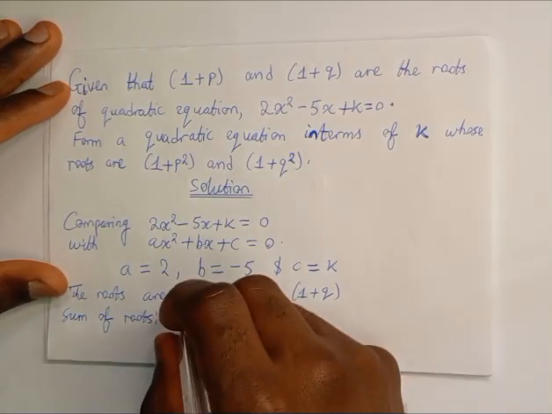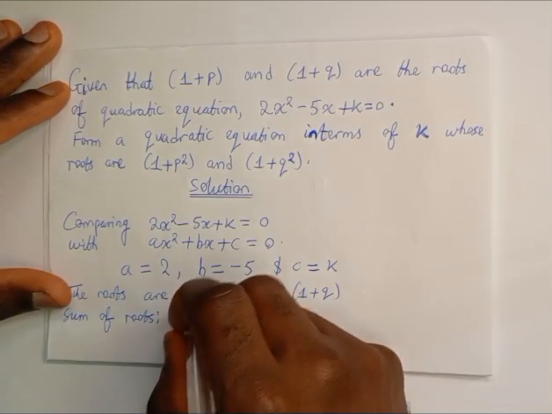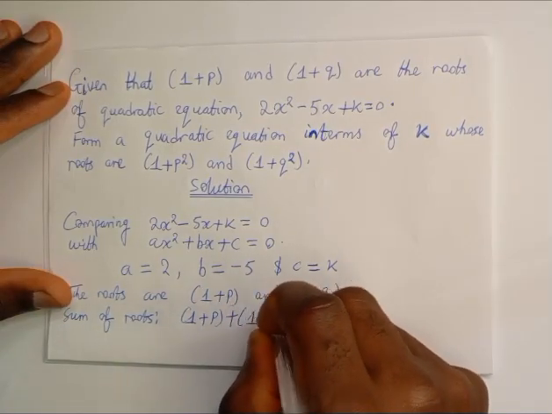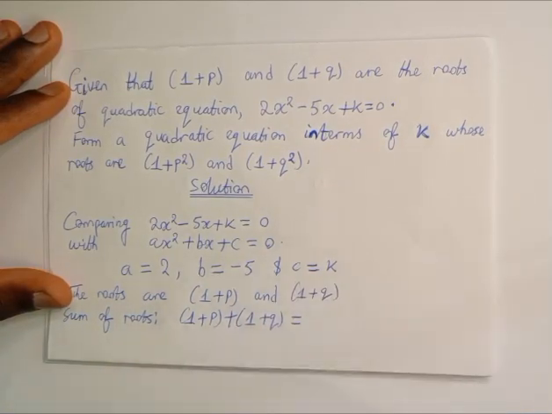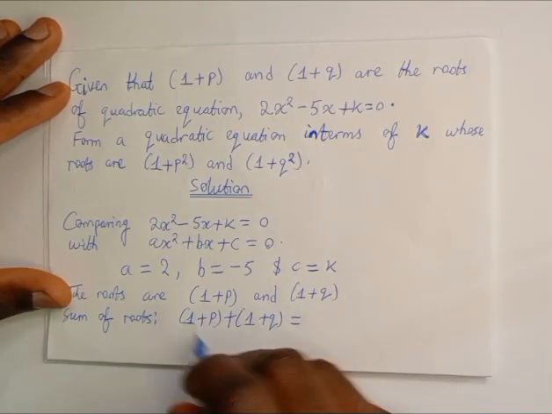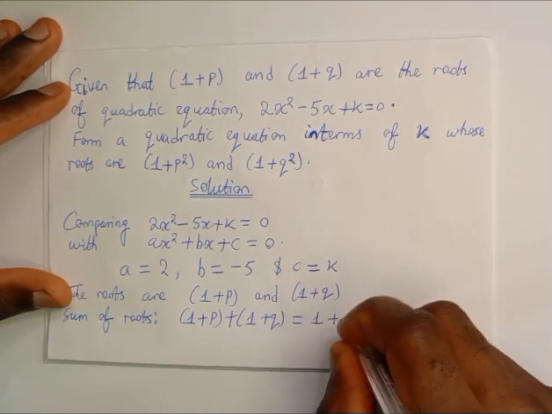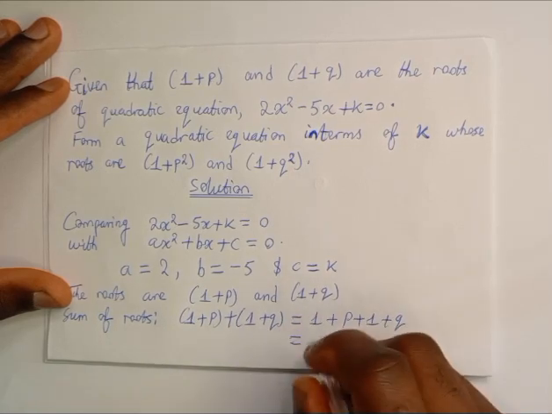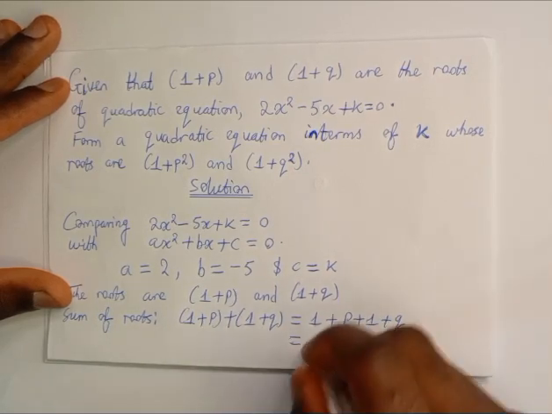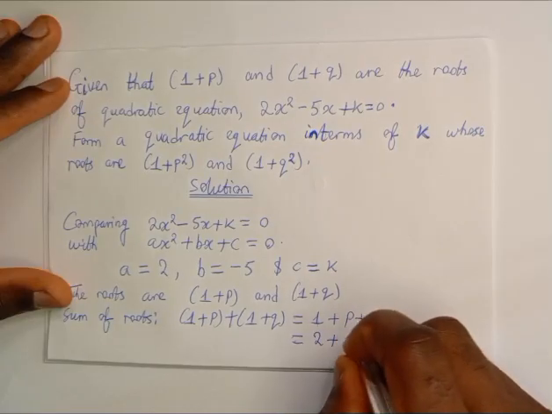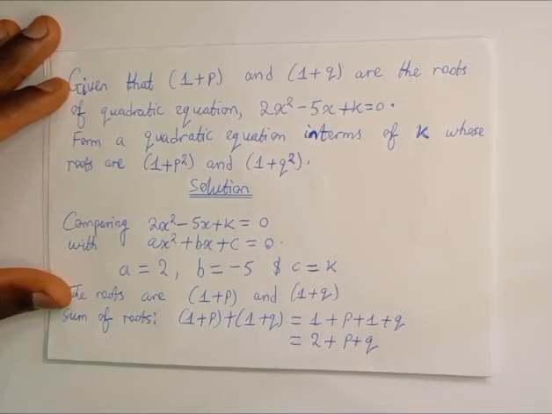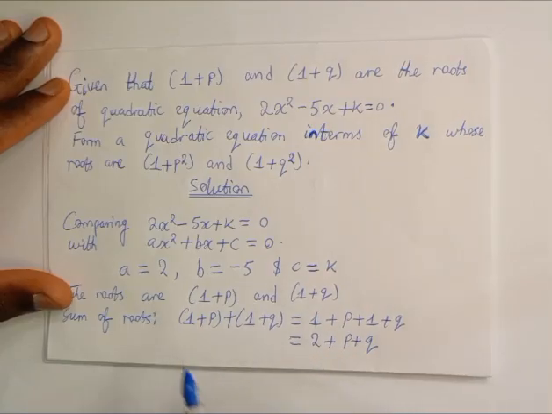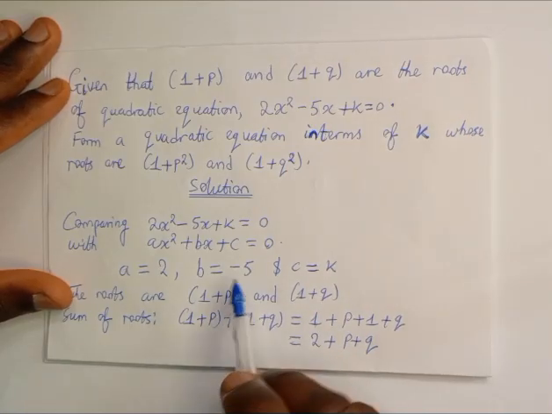The sum of roots is 1 plus p plus 1 plus q, which is equal to 1 plus 1 gives us 2, plus p plus q. We know the sum of roots is equal to negative b over a.